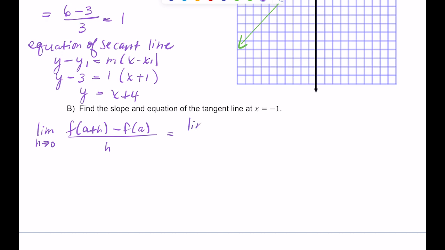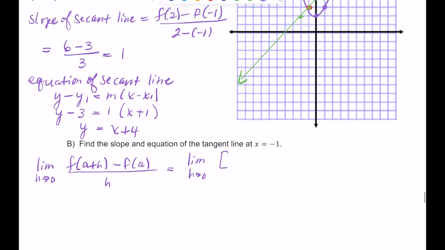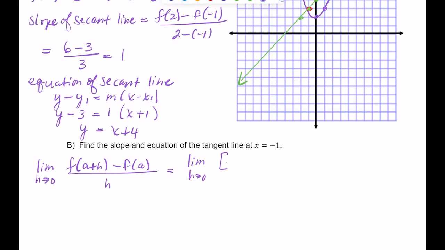So that's going to be the limit as h approaches 0 of, now I've got f of a plus h. So I'm going to have -1, that's my x, so it's going to be -1 plus h, and we're squaring that and then adding 2.